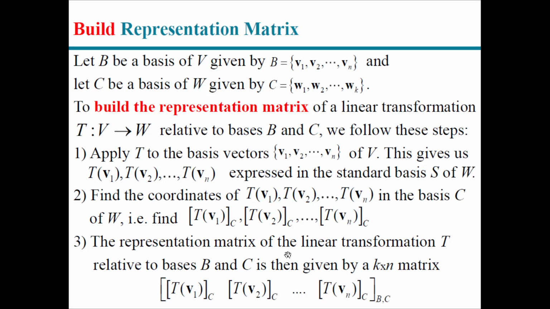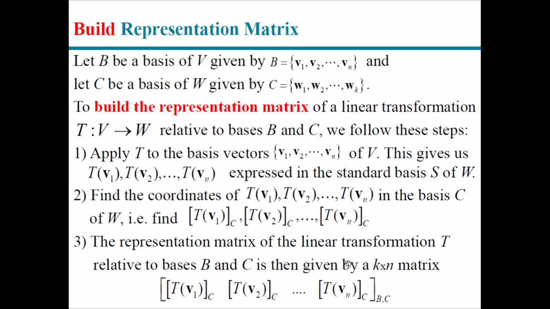So the representation matrix of the linear transformation T relative to the basis B of the inputs and basis C of the outputs is given by this matrix. We just take these coordinates in basis C of each of the basis vectors from the basis B, and we put them in the columns.